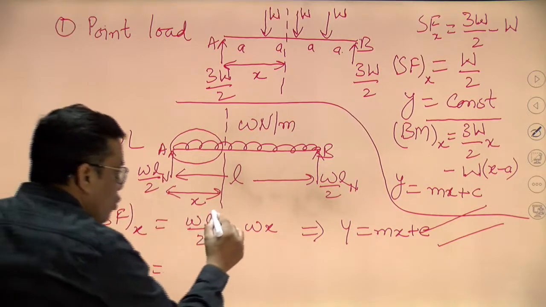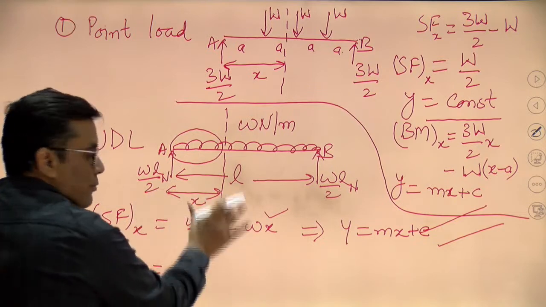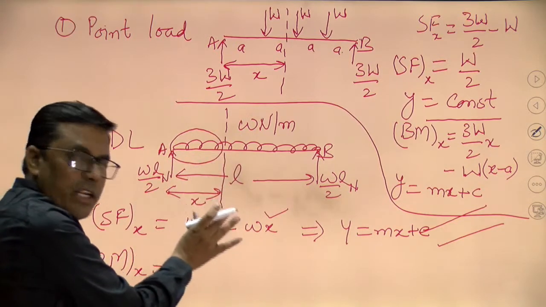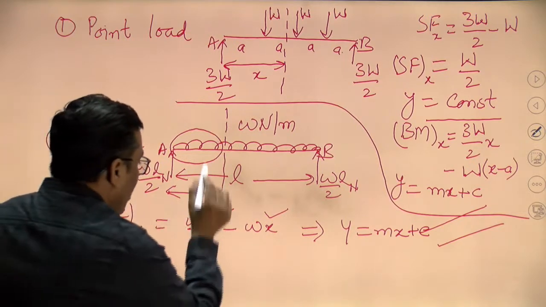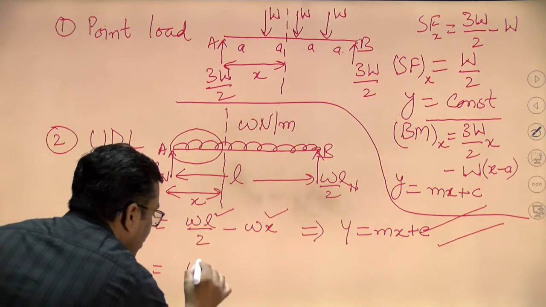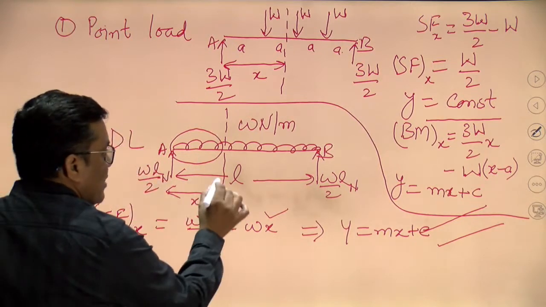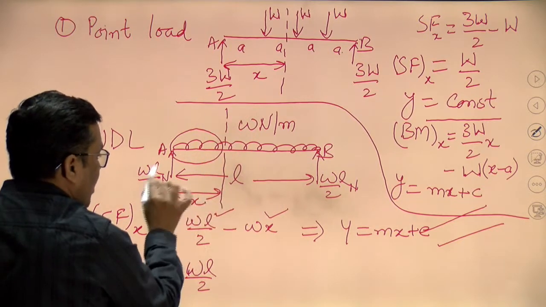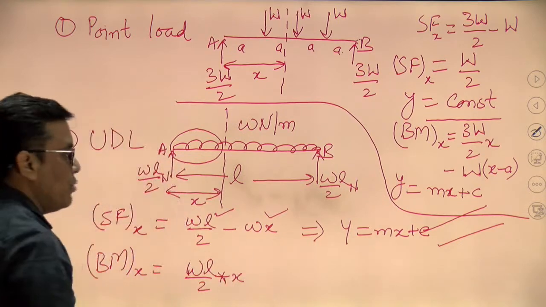So there are two loads, WL by 2 and WX. मैं बिल्कुल ऐसे ही चलता हूँ, जितने shear force के इक्वेशन में लोड लिखे हुए हैं उतने ही मोमेंट कंपोनेंट्स होंगे जब बेंडिंग मोमेंट इक्वेशन लिखूंगा मैं. So because of WL by 2, the distance from the section plane, कहाँ ले रहे हैं मोमेंट? सेक्शन प्लेन पर. So the distance between WL by 2 and the section is x, giving WL by 2 into x.